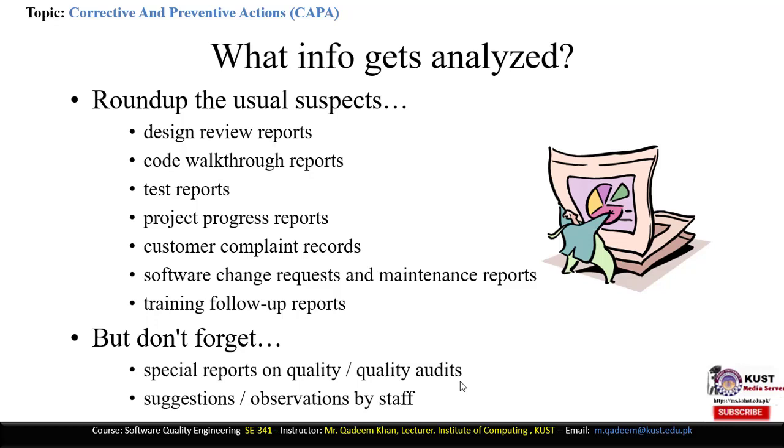So officials relevant to quality provide us good audits, and those report findings act as a main source for finding the defects in the software system. The next one is suggestions and observations by the staff. The staff members that have worked on the project are very useful stakeholders, and their suggestions and observations act as an input for the CAPA process.